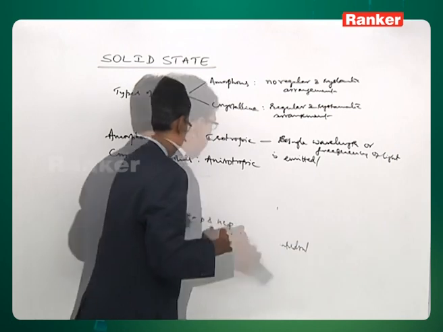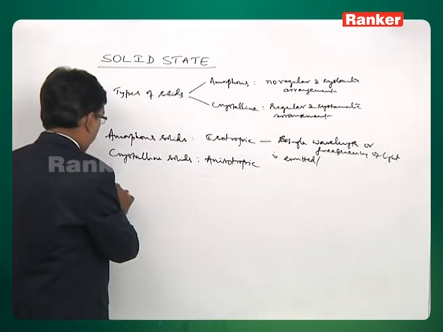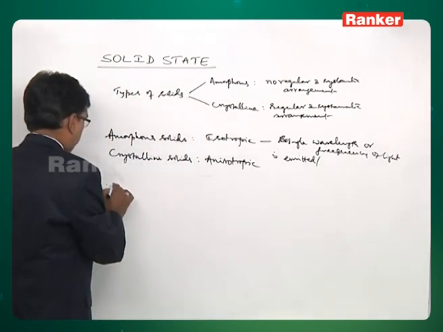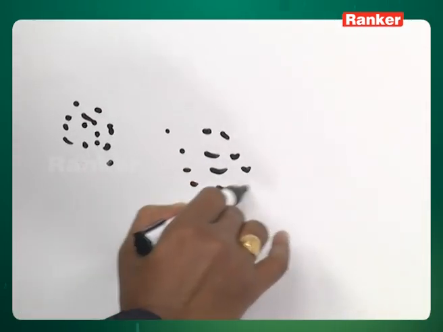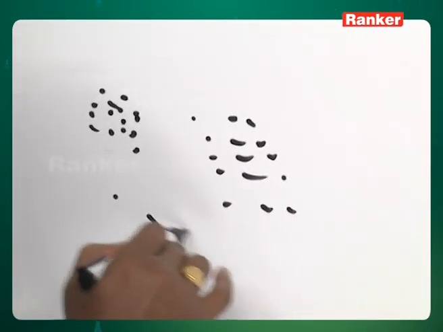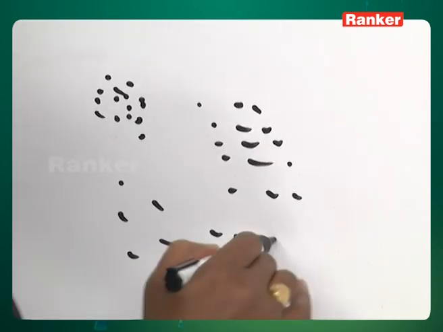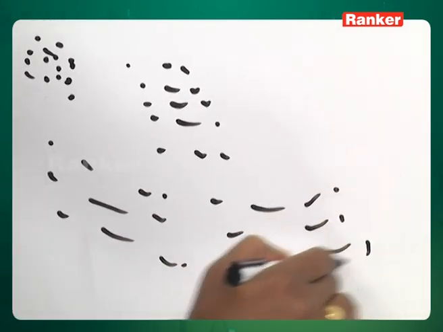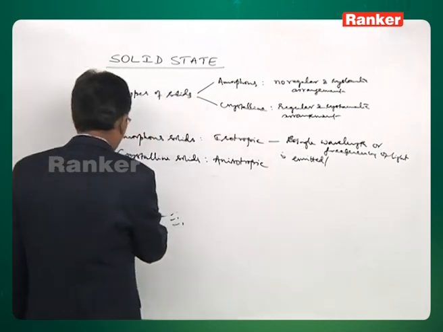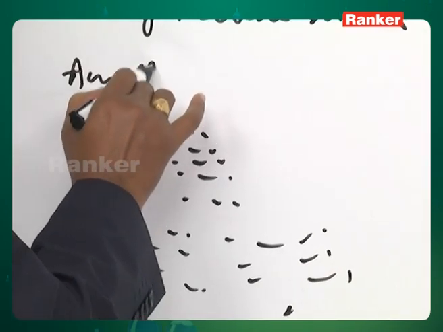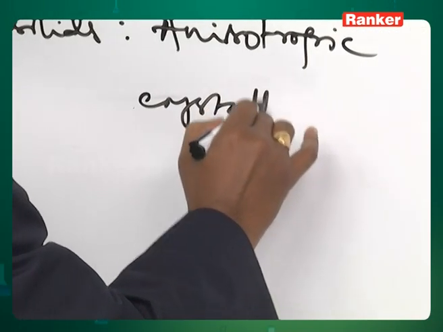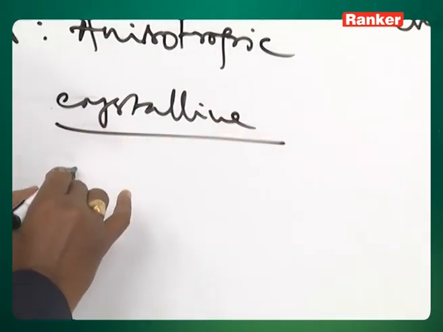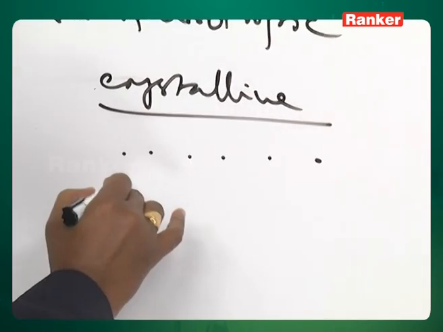For example, the basic difference: in amorphous solids, one group of atoms will be in a particular geometry, then another group of atoms, then another, so different types of arrangements will be there. For crystalline solids, there is a regular arrangement of atoms.